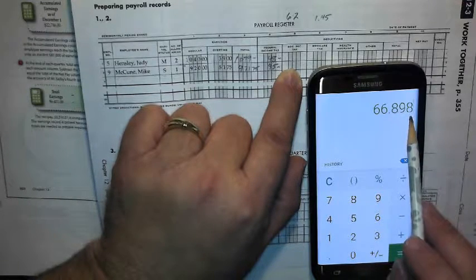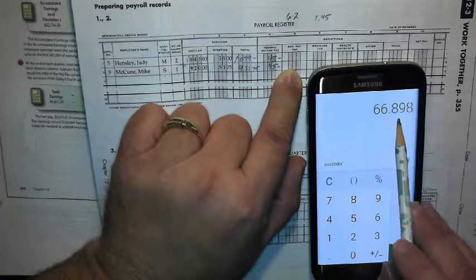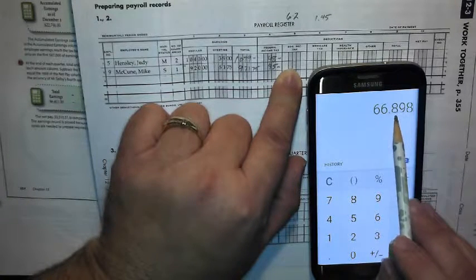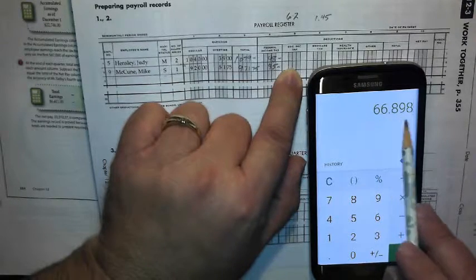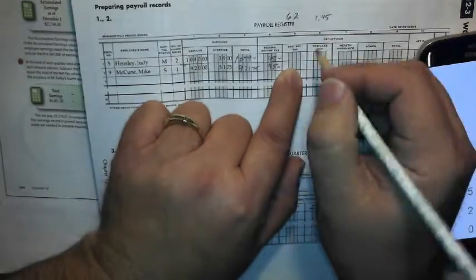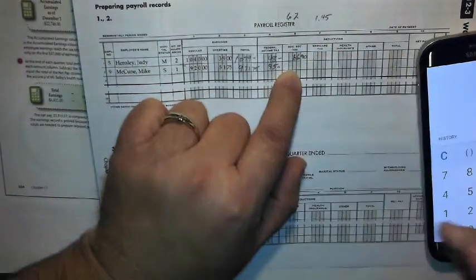Remember, we got the third decimal here, so it's an 8. When it's 5 or higher, you round up. So that turns the 89 into 90. So it's going to be $66.90.